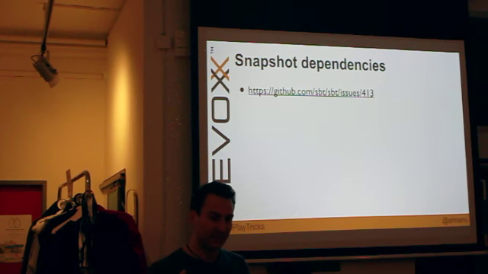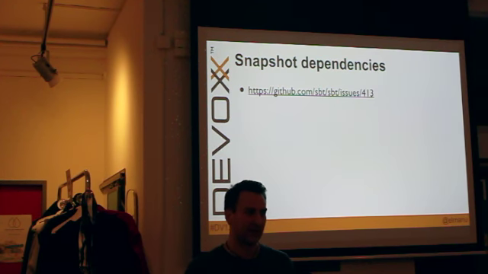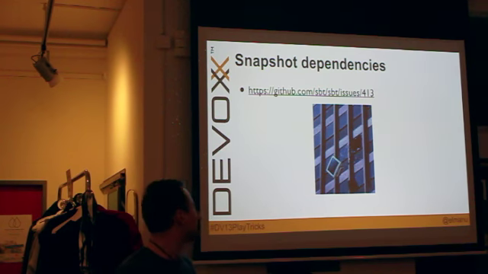If you have snapshot dependencies and a couple of resolvers, it will resolve them for each sub-project. And if you're on a poor internet connection, or if you just have 40 modules, like I have in one project, and a few snapshot dependencies, you will go insane because it will take 10 minutes to build your project and you will really hate the whole thing.